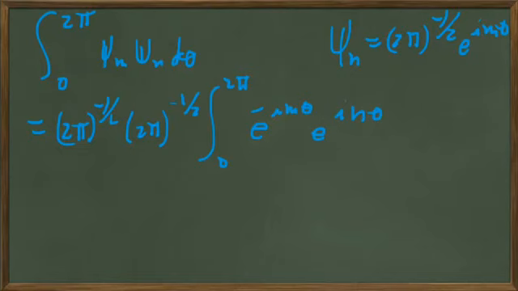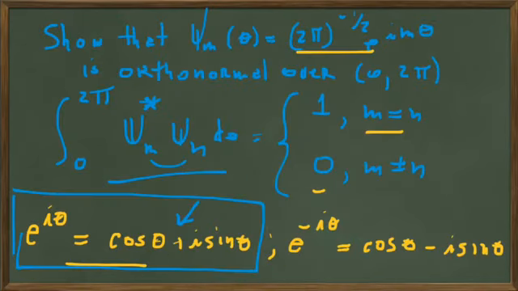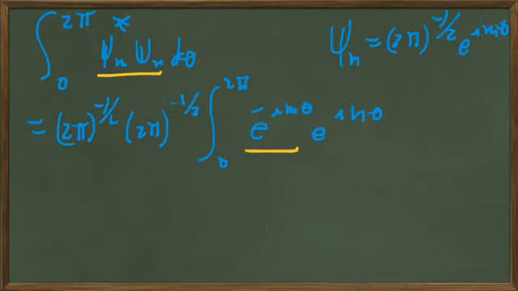Okay, so we've got psi m asterisk times psi n d theta. Psi m asterisk is going to be e to the minus i m theta, because when you take the complex conjugate, you make this term negative, which means we've got e to the minus i m theta times e to the i n theta.